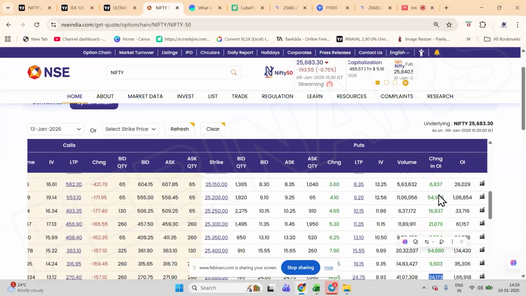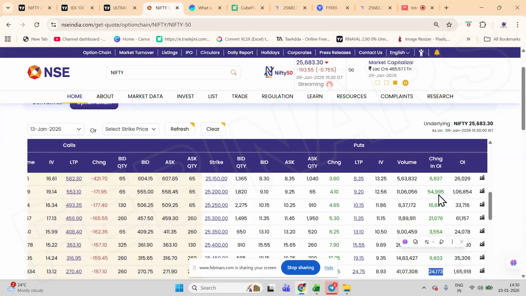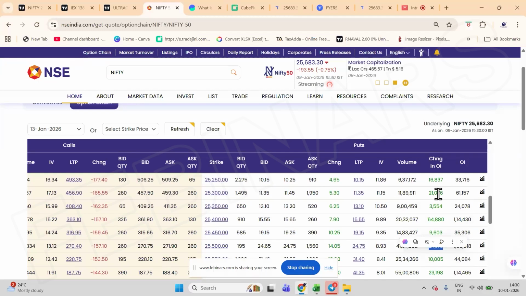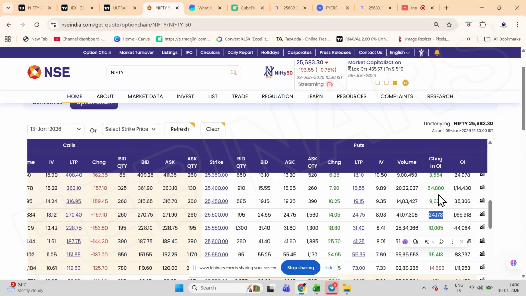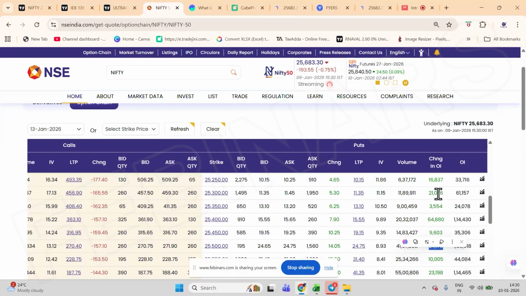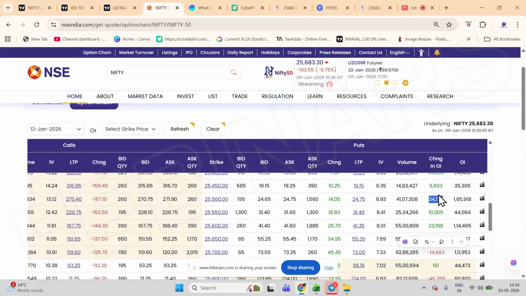See, 25,400 to 200 some base is built that can act as some part of a support, but still it is quite far away. Even at 25,500, there is no substantial change in open interest base built, so markets could go ahead on the short side. This is one kind of a hint.